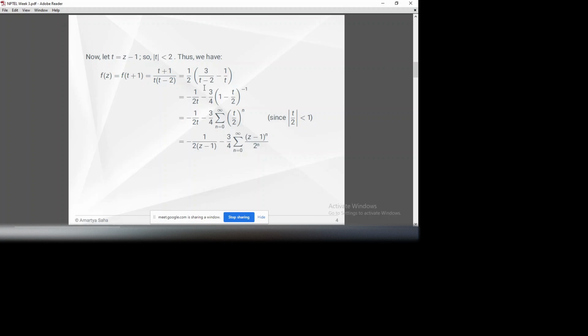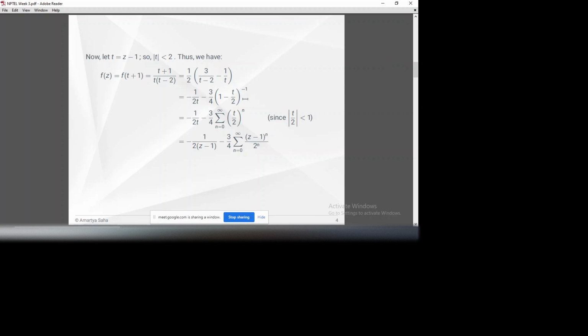Already in this step we have a negative power of t. Here t means z minus 1, so this is the negative power of z minus 1. And the second part is 1 minus t by 2 to the power minus 1. Of course it has no singularity at t equal to 0. Look at this term: it is analytic at t equal to 0.